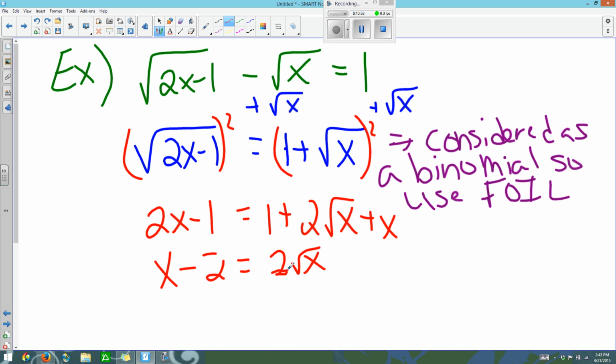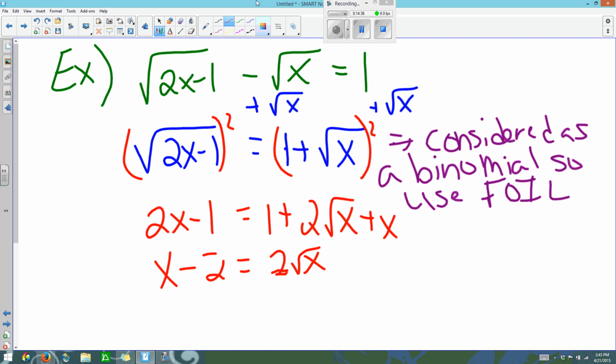Okay, you can divide both sides by 2 and get 1/2 x minus 1 back equals that, but you'll have a binomial again.